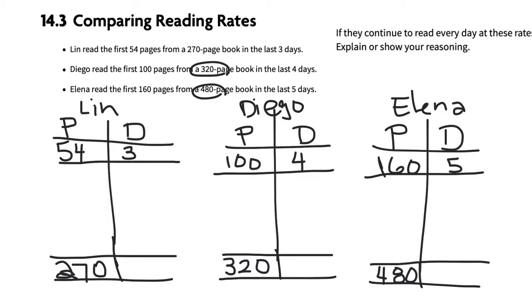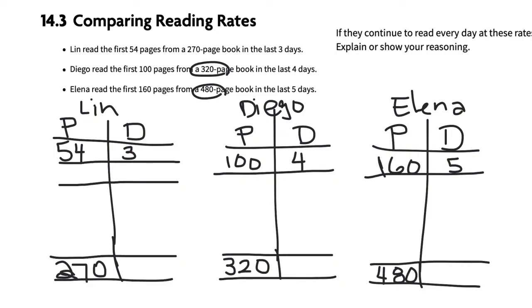And we're supposed to figure out who's going to finish their book first, second, and third. Okay, so we have to think about how we are going to turn, in this case, 54 into 270.